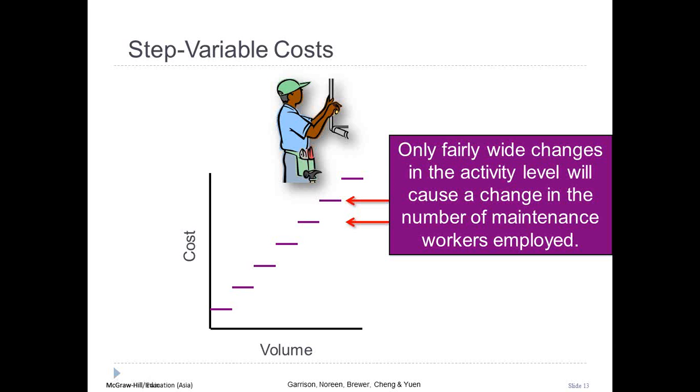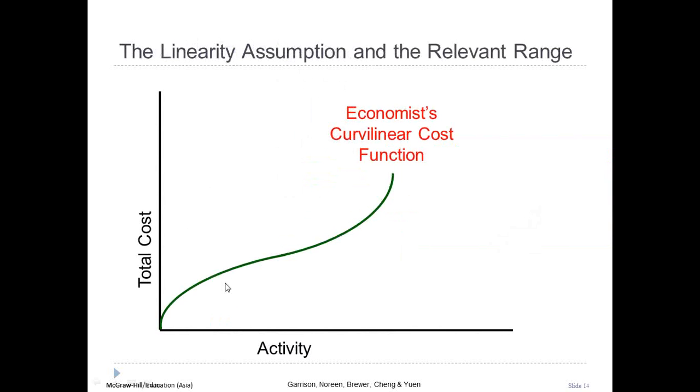Now, sometimes it takes a wide range and change in activity to do the next step, to move up. So it all depends on the nature of the operation, whether it's manufacturing, whether it's assembly, and it depends on the industry and the company. I was an accountant in university, and we tended to use curves like this. It's a curvilinear cost function. But accountants tend not to think in such terms, okay?